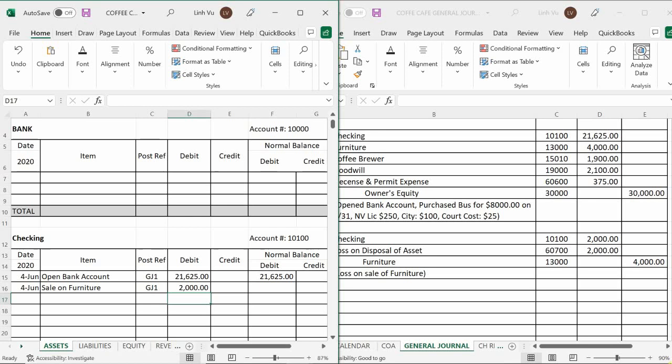So this is where the running balance is going to come into play. Okay. So this is what I'm going to do. This is the formula in Excel, but think about it in real life, right? I start my account balance with $21,625, right? If I go ahead and deposit $2,000, what should my bank account reflect?